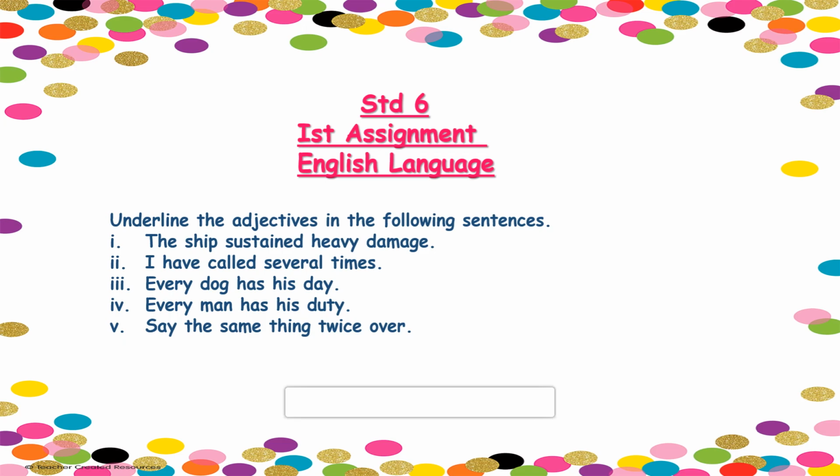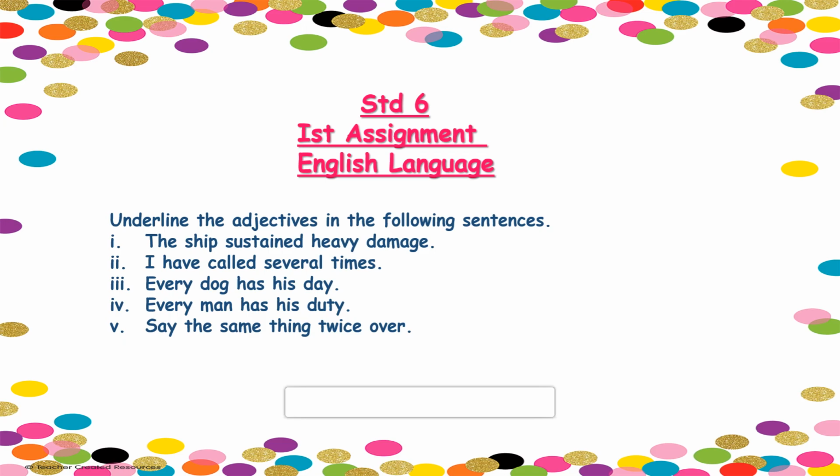Okay. So the first example is: the ship sustained heavy damage. The ship, that is the subject here. Ship is a noun. Sustained, that is the main verb. So now what do you have to find? Adjective. What is left? 2 words are left: heavy, damage. Now here damage is again a noun, common noun.